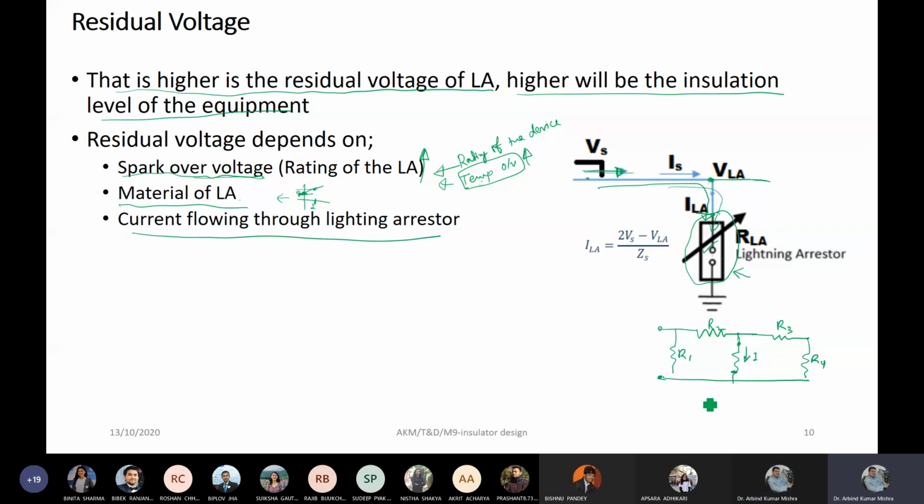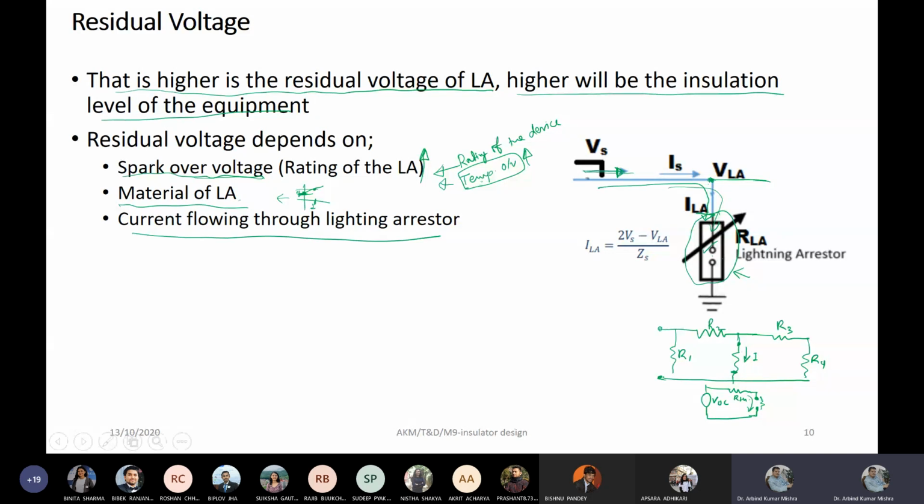The equivalent circuit will be VOC, or some people also call VTH, and then RTH. This is the Thevenin's equivalent, and now we put this R here, and then we find how much current flows through this.